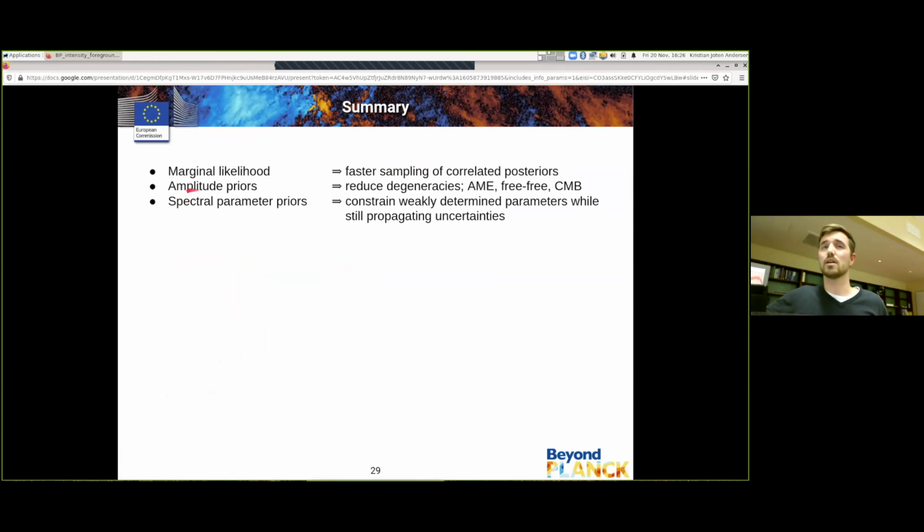We also apply spectral parameter priors, and also just sample from priors in some cases. This is in order to constrain weakly determined parameters while still allowing us to propagate uncertainties throughout the entire pipeline.